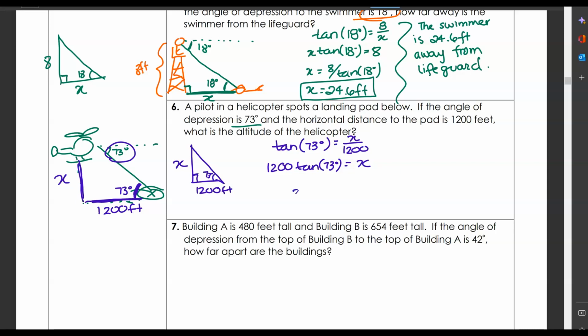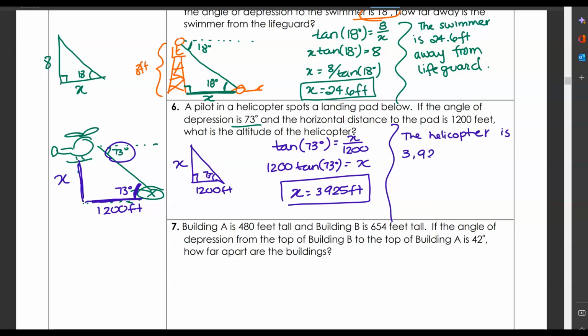So that tells us that we're going to get x equals 3,925 feet. So for completion, let's go ahead and write that out. And so it would be the helicopter is 3,925 feet above ground.